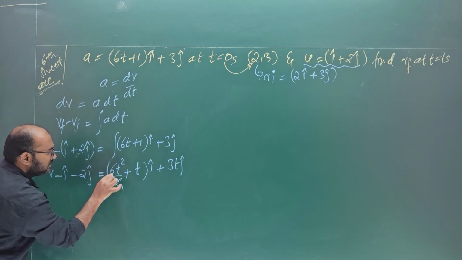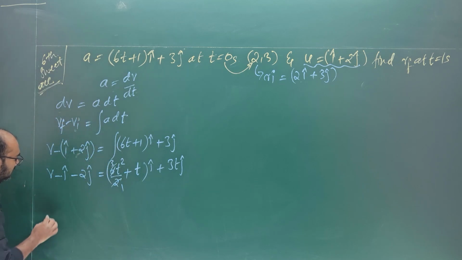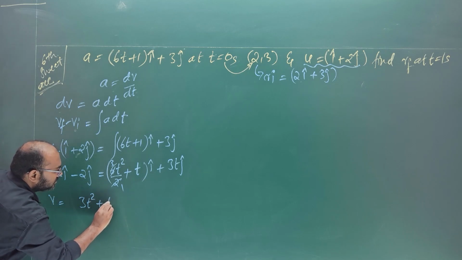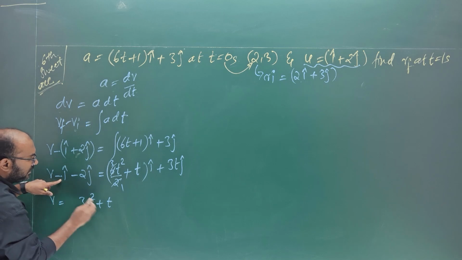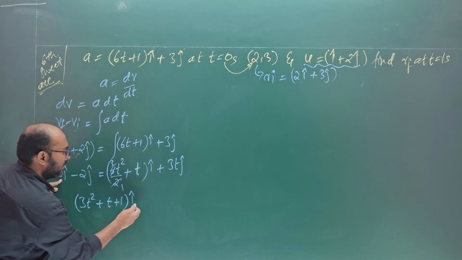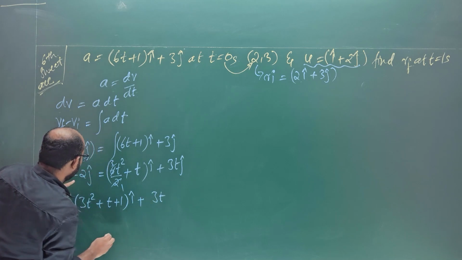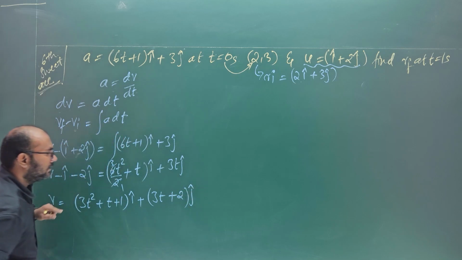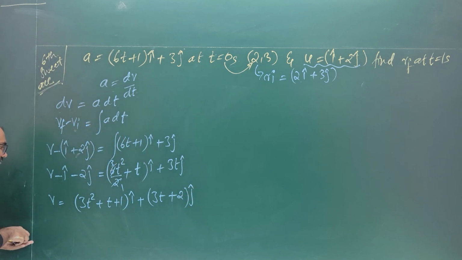Now this once, this thrice. So v is equal to 3t square plus t plus 1 i cap plus 3t plus 2 j cap. Can I say this is the value of your velocity?